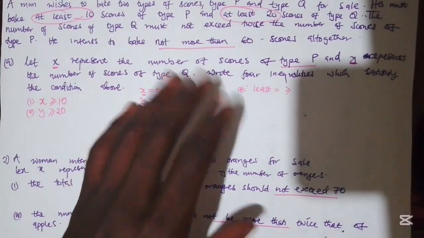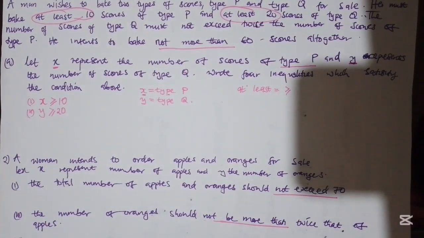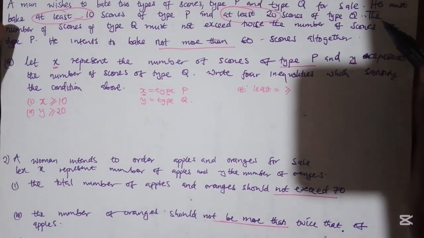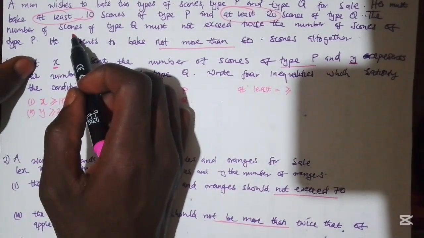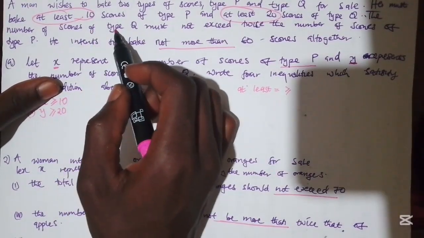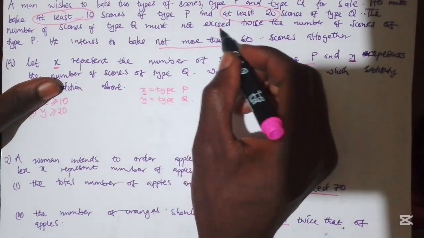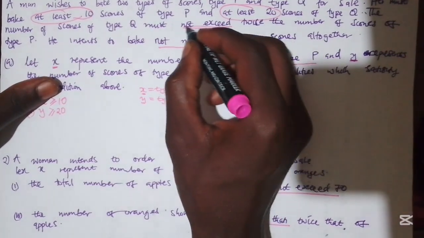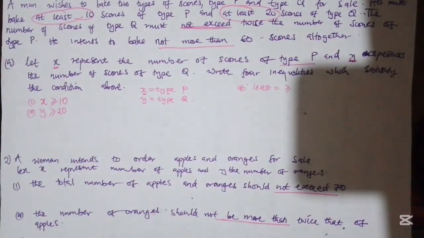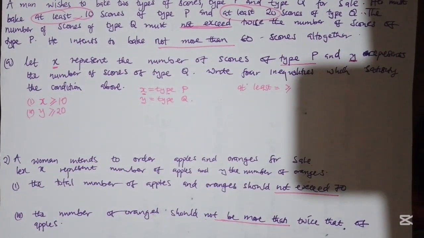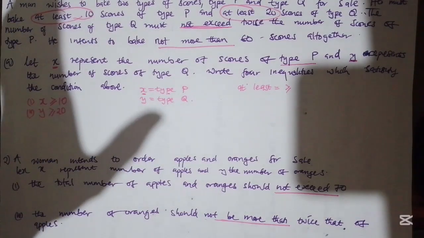So which inequality is next? The next inequality is: the number of scones of type Q must not exceed. Whenever we see not exceed, just remember that that is an inequality.